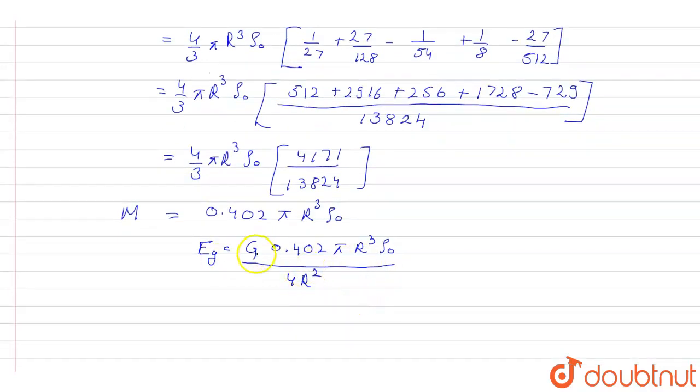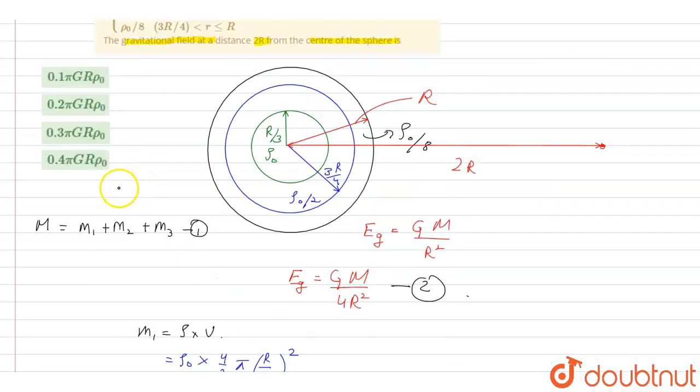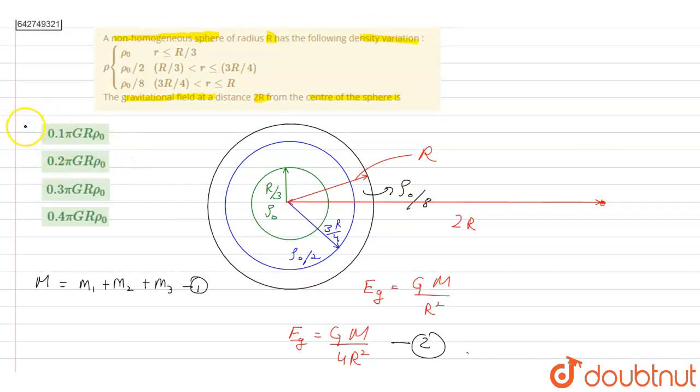Okay, so r² will get cancelled, and 0.4 upon 4 will be approximately 0.1 πGrρ₀. So this is the value for gravitational field. So the correct option according to this will be option number A.